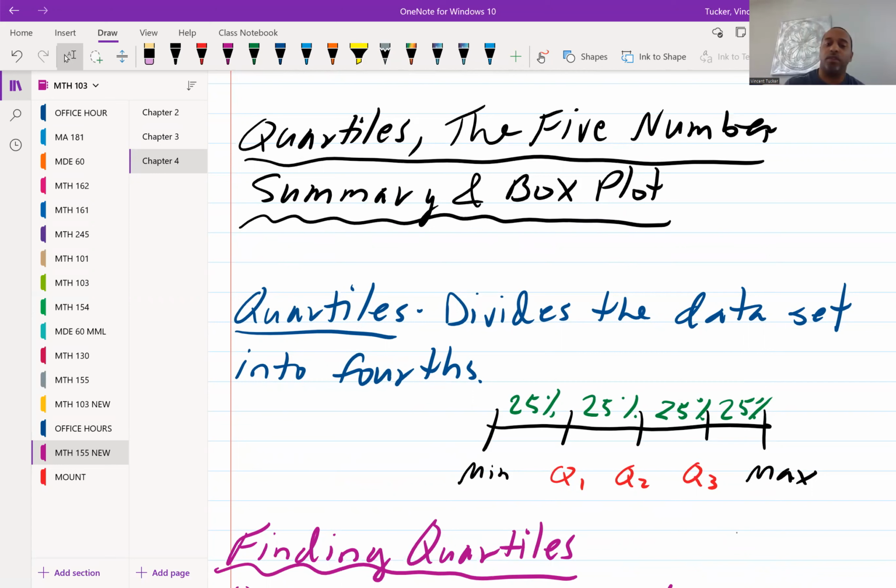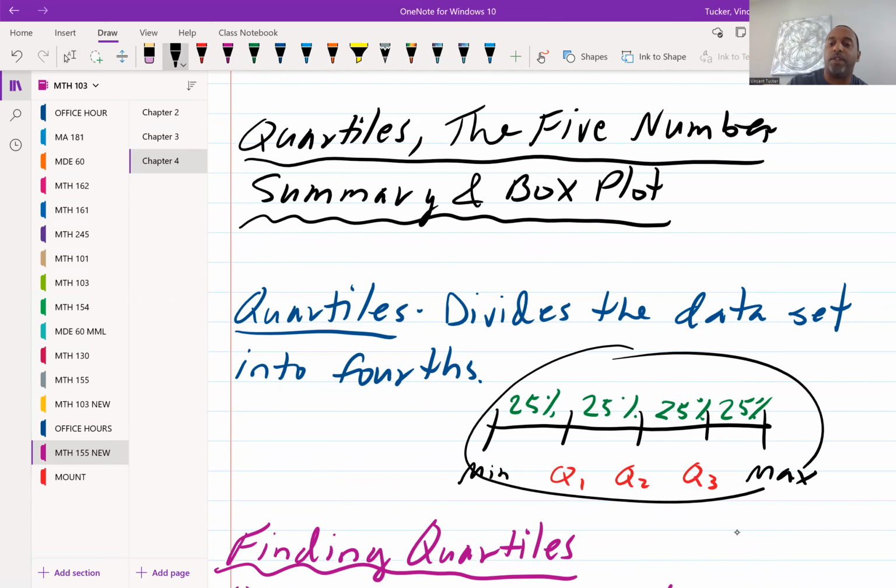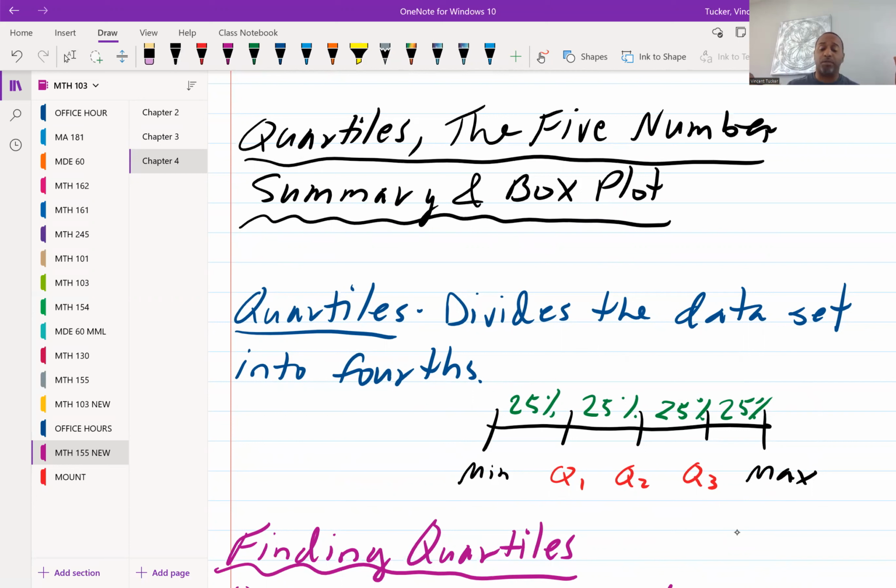I have a little mini diagram of what that means right here. You have your minimum and maximum on the outsides. You have Q1, Q2, Q3, and they should split your data into fourths, 25%.